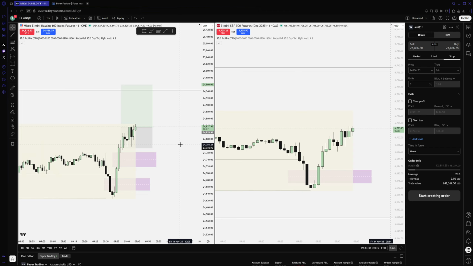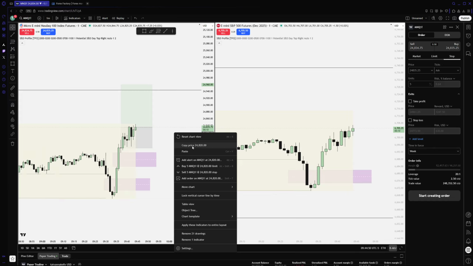I think TradingView is broken, bro. It's not working. My trade isn't being set.